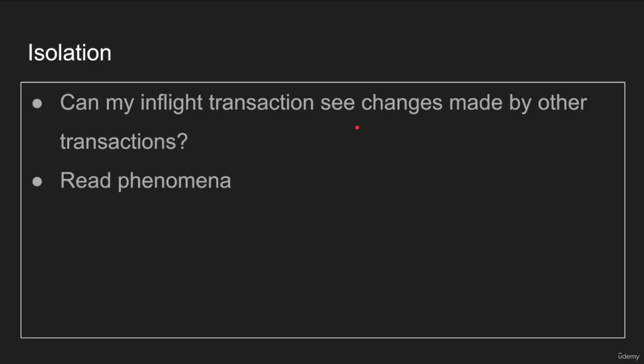So as a result of this, you get a bunch of read phenomena, they call it. Very fancy name. And the main understanding of these read phenomena is that they are usually undesirable. You don't want these. These are bad side effects, but we're going to go through them and understand what they are.